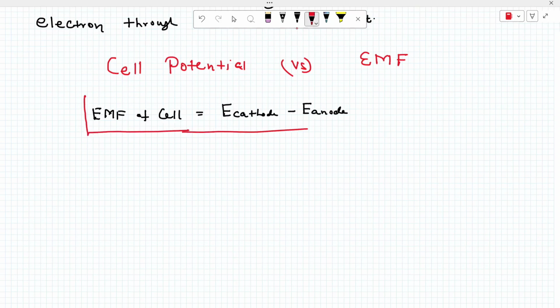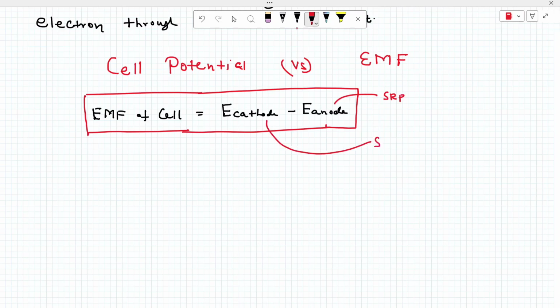You got the point. Both are SRP. Sir, anode is oxidation, why use SRP in the formula? Don't use SOP here. The anode undergoes oxidation, but the general formula is E cathode minus E anode. Cathode right side, anode left side, that is ER minus EL.